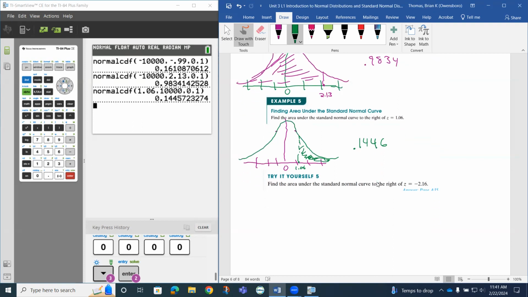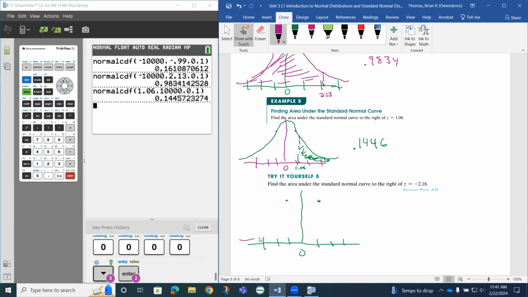So if we do one more example of this, we have a negative 2.16 as our z-score. So if I draw this out, here's my mean, 1, 2, 3, 1, 2, 3. And then our point of inflection is here. That helps me draw the curve.